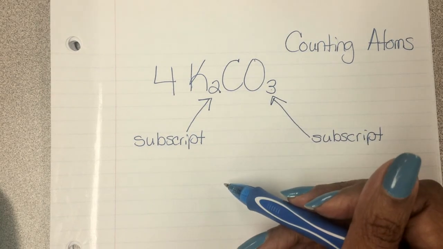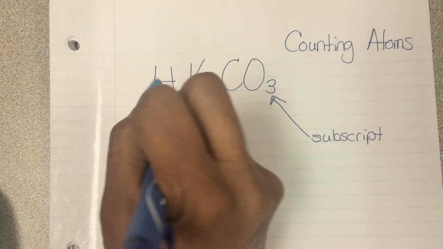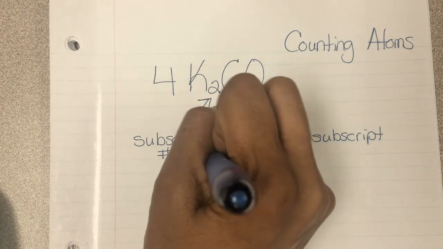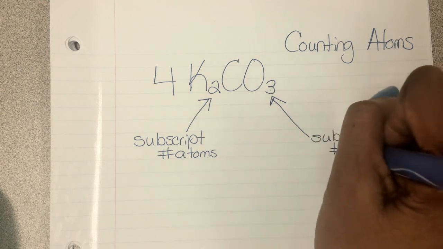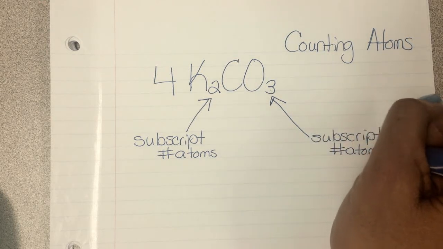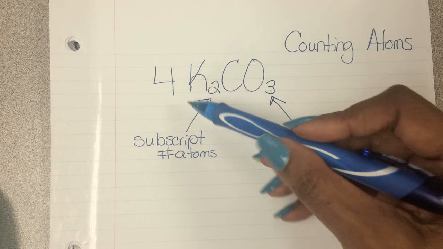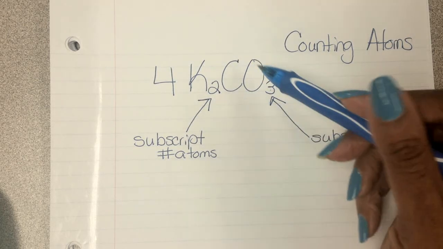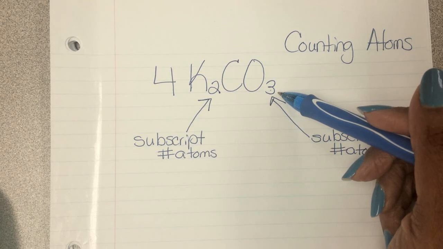And it tells you the number of atoms. So for the potassium, there are 2 atoms. For oxygen, there are 3 atoms.